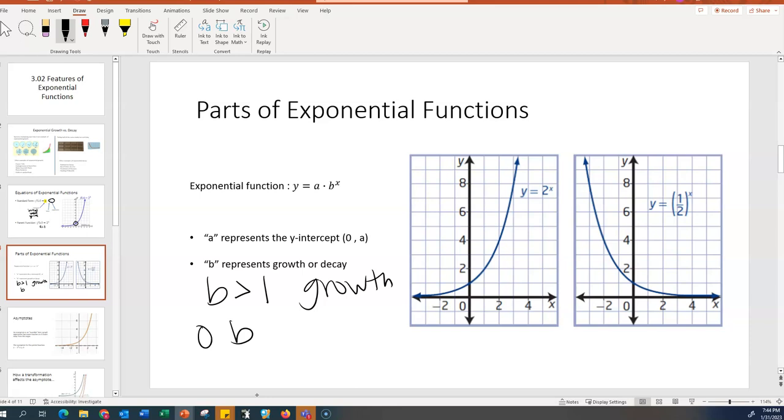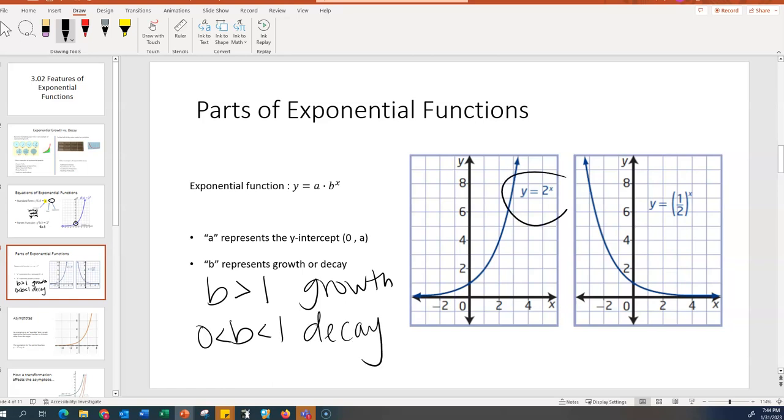If b is greater than 0 and less than 1, so b always has to be greater than 0. If b is between 0 and 1, so it's a fraction or a decimal that's less than 1, but greater than 0, that is where we're going to have decay.